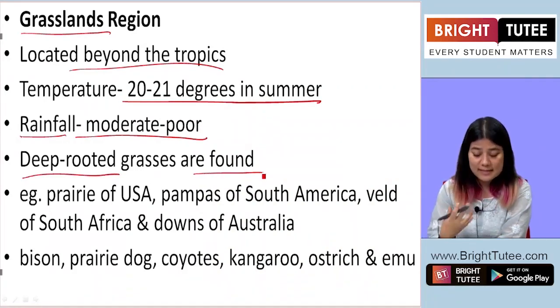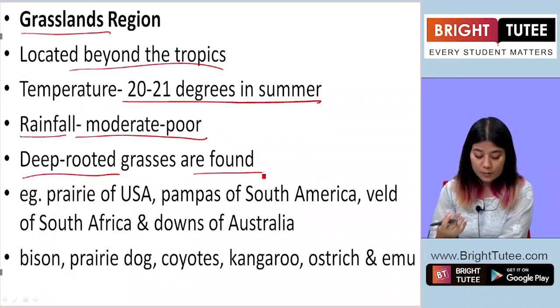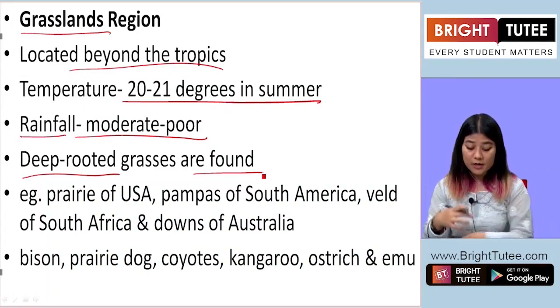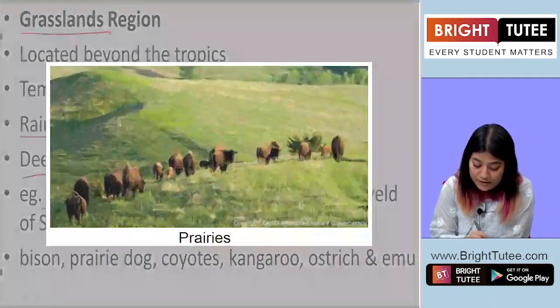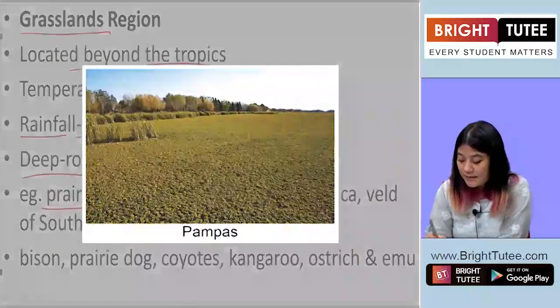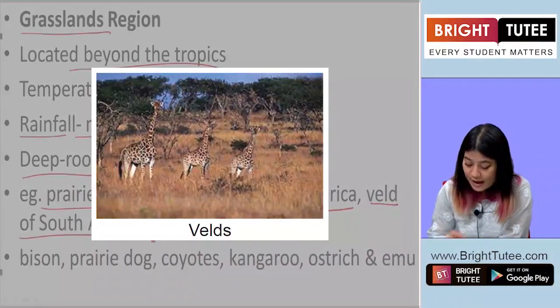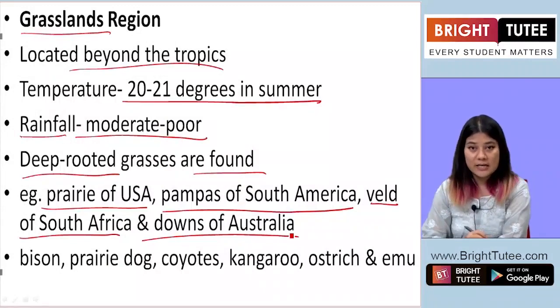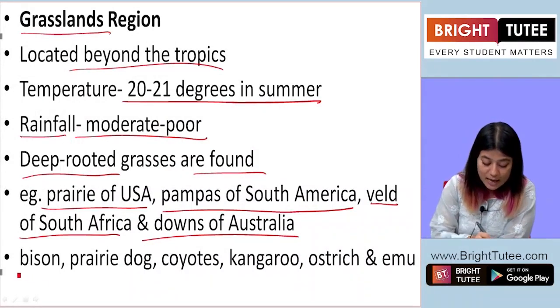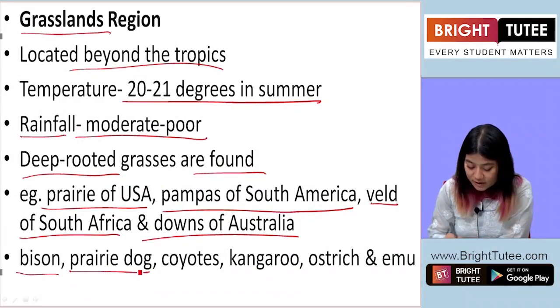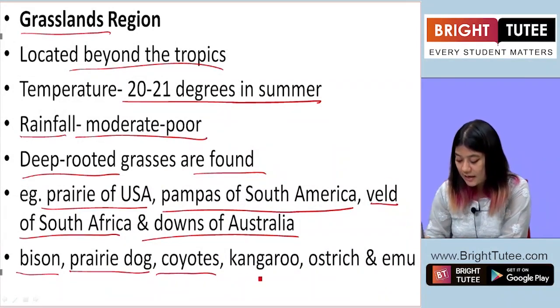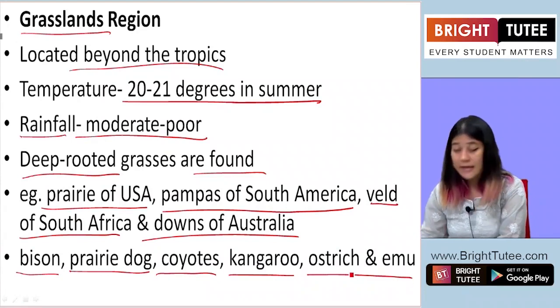So some of the grasslands that we find all over the globe are the prairie of USA, pampas of South America, veld of South Africa, and downs of Australia. Now in the grassland regions we find animals such as bison, prairie dog, coyotes, kangaroo, ostrich, and emu.